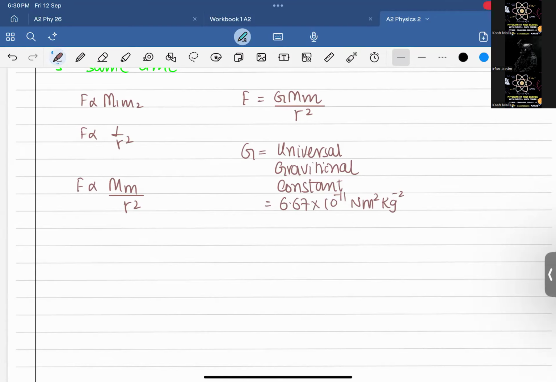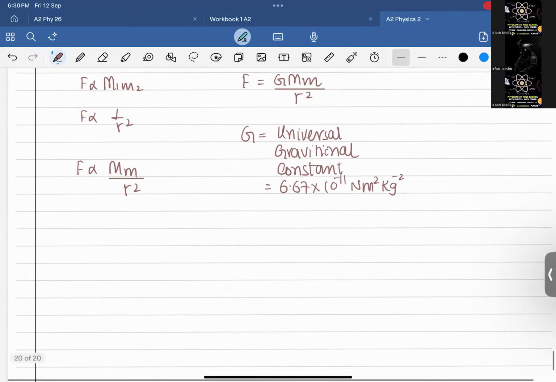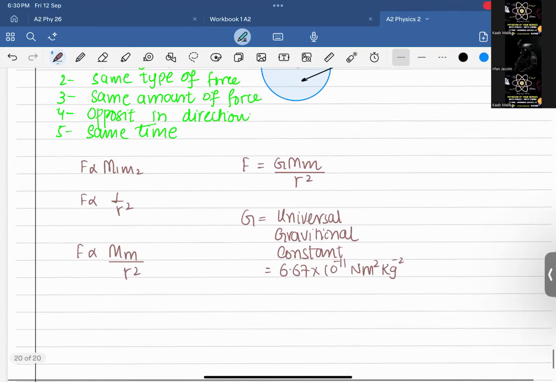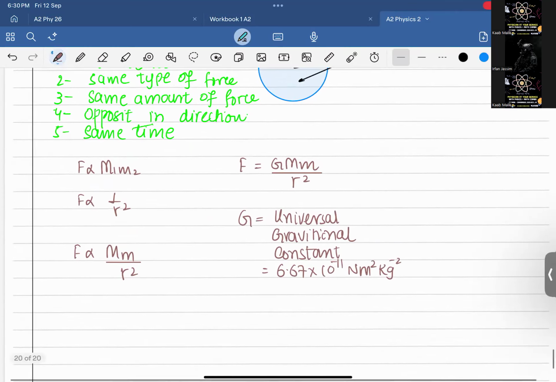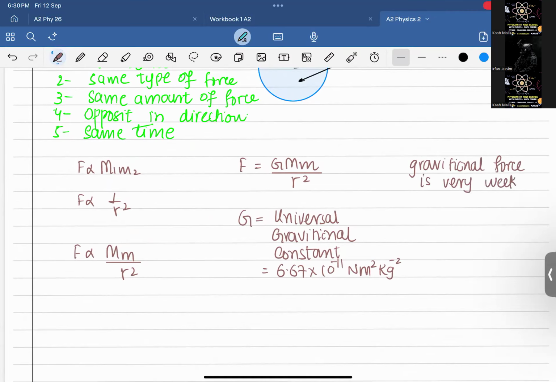And this shows that gravitational force is very weak in nature. So this constant basically shows you that gravitational force is very weak in nature. So this is the first thing, or this is a law.